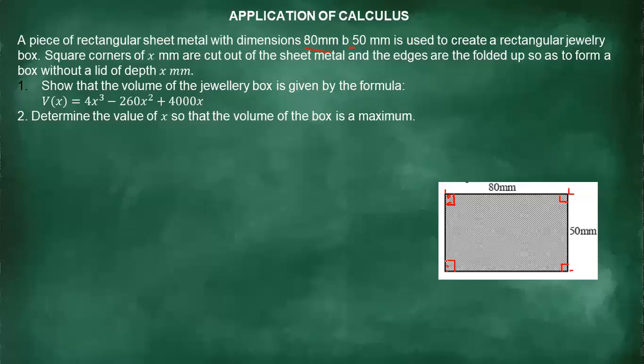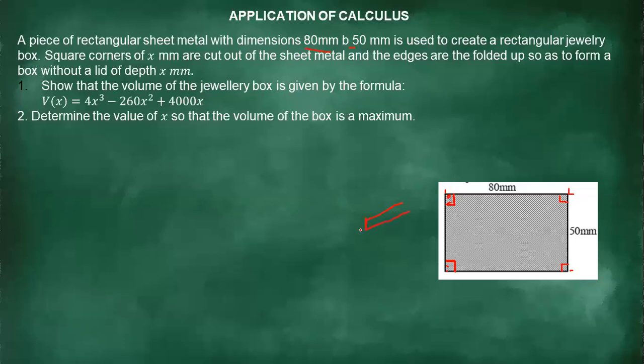The same applies with this one here is x millimeters, and also this one is x millimeters, right? Now when you fold this to form a rectangular box, remember it's going to give us our height as x. Now if I can just draw in an isometric view, let's see how it's going to be like.